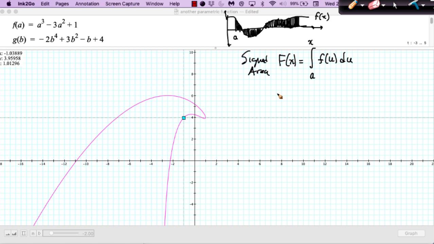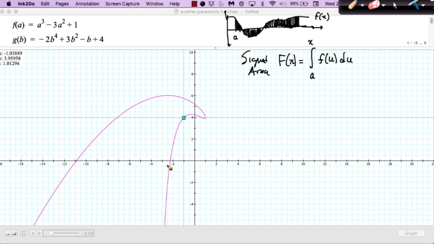It accumulated, increasing whenever the function was above the x-axis, and decreasing whenever we're accumulating area below the x-axis. And to get area, we had to finagle this, right? So to get area, we had to do more work, but the integral itself just gives signed area. It increases and can be negative, can decrease according to where the function is.